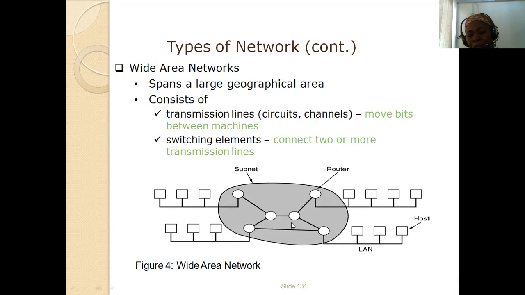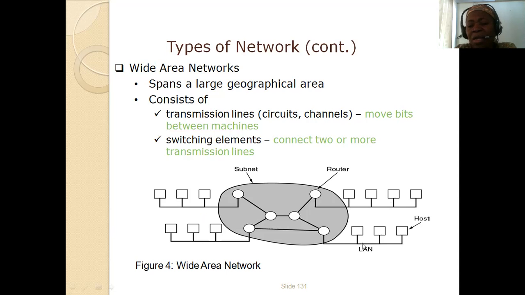I will use the next slide to explain this router. These boxes here are computers, otherwise called hosts. So here you have three hosts on this network, and this network has 4 hosts. This network has 3 hosts.